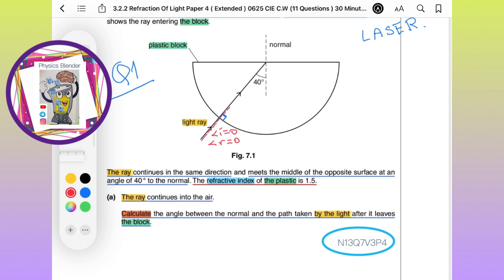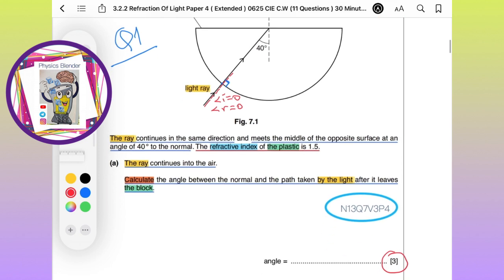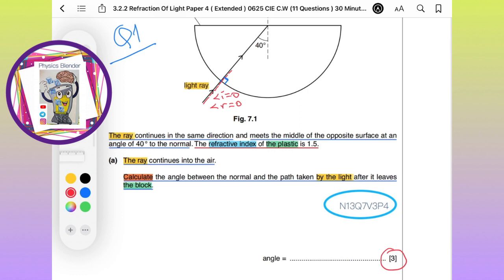Okay, so here by applying Snell's law, you know that N of plastic sine I, here angle of incidence in plastic, not in air, is equal to N air sine angle of refraction in air.